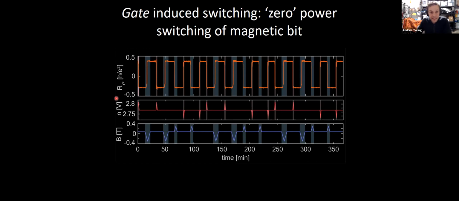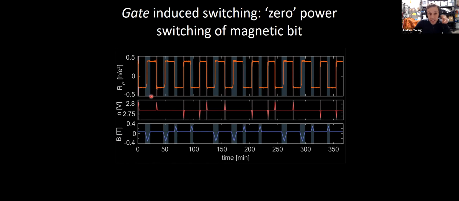You can see this put to use in this sort of thing, which is the entertaining data we take after we've understood the physics. Here is again plotted the Hall resistivity, and down here are our control knobs. This is density, really just gate voltage, and magnetic field.